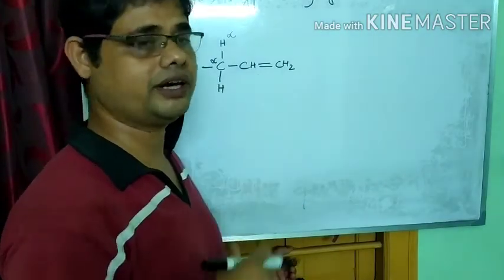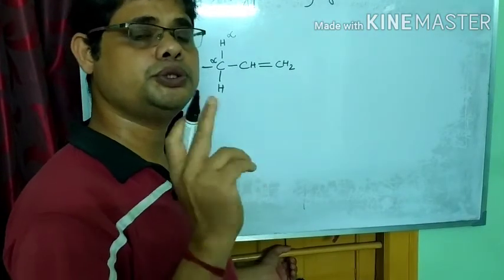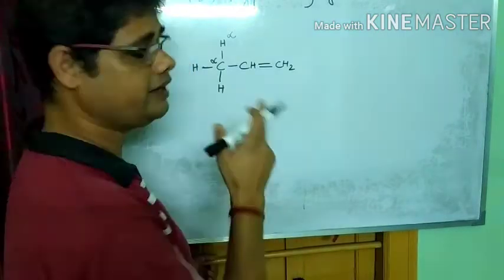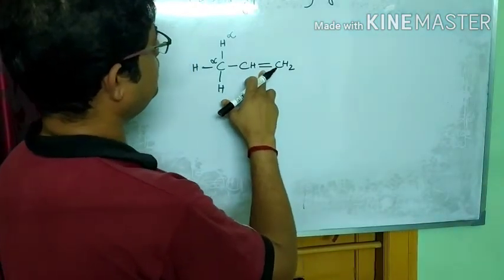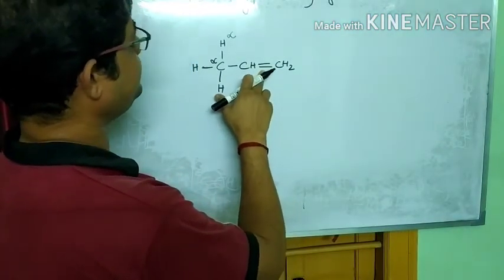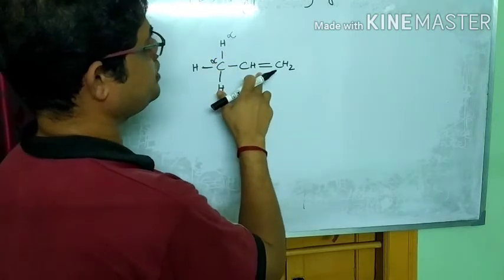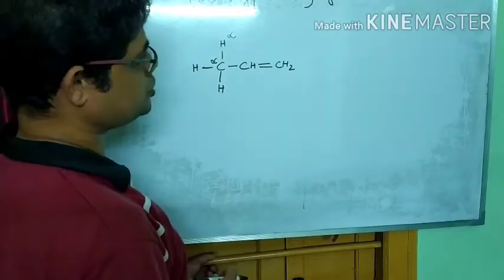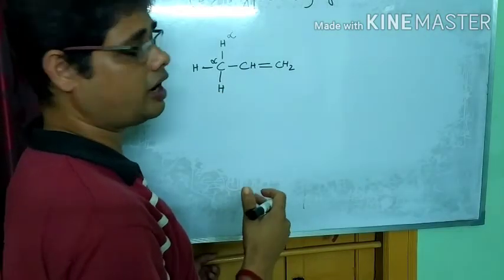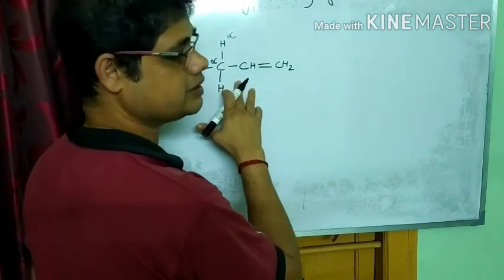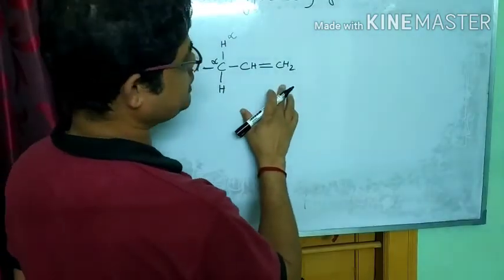In Mesomeric effect, there two double bonds were in conjugated system. Here a double bond and a CH sigma bond are in conjugated system. So here also a conjugation occurs between them. Let's see what happens here.